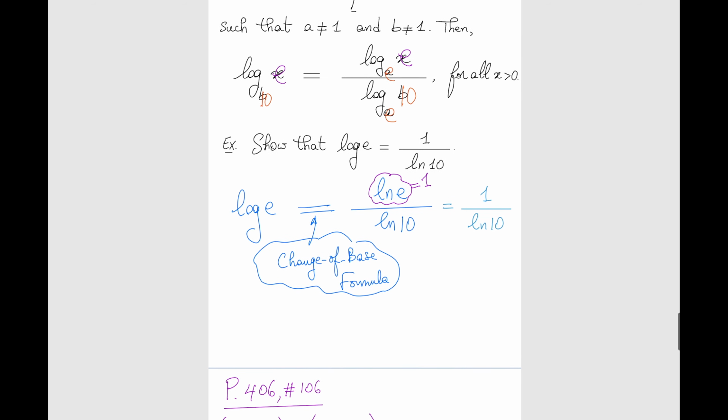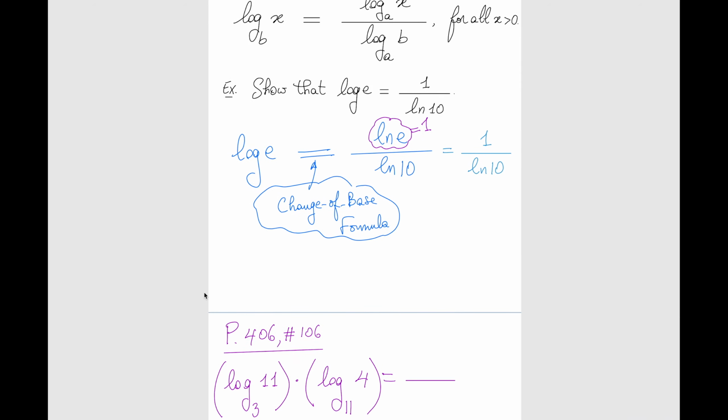Let me erase these things so we don't mess ourselves up. Whatever the base b is, I'm going to base e.